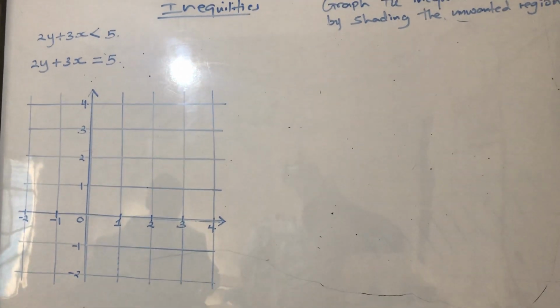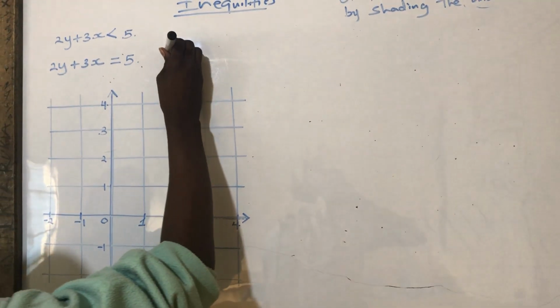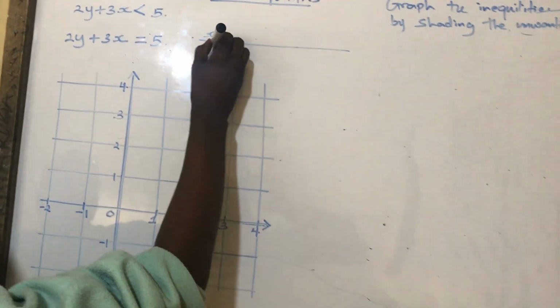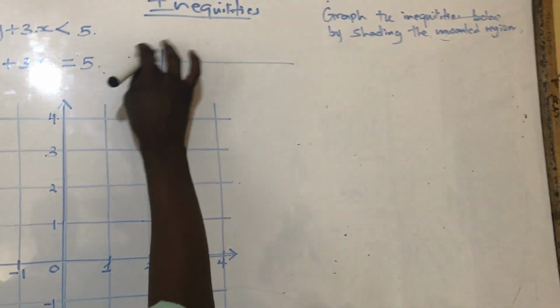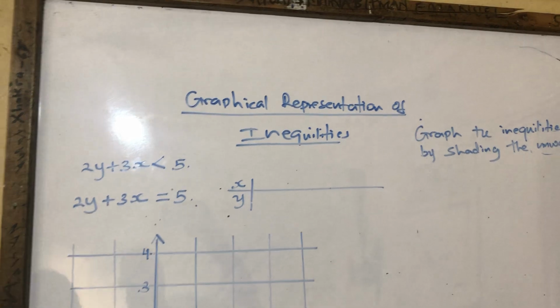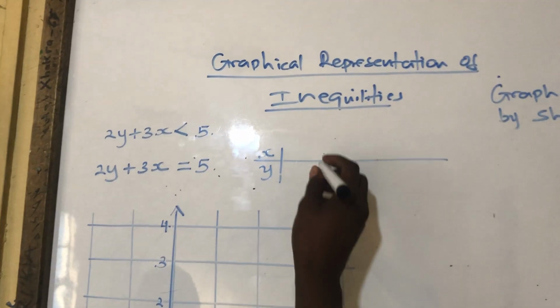We will then do a table. Do take note, the values of the table are usually picked at random. Let's pick any 3 numbers.